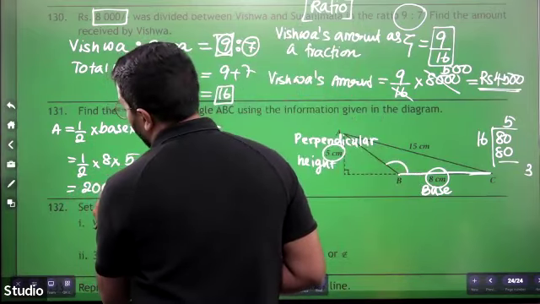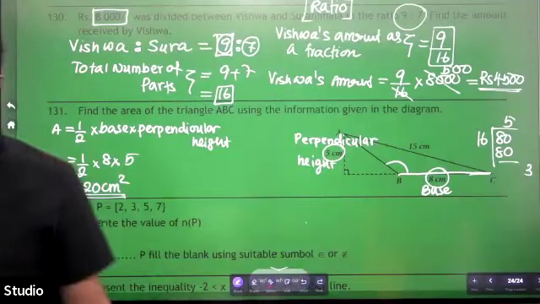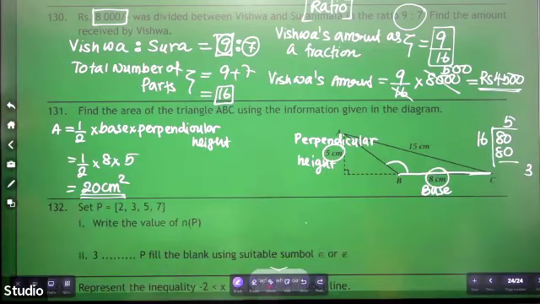So the area of this triangle equals 20 square centimeters. Am I clear enough? I hope so. Right?